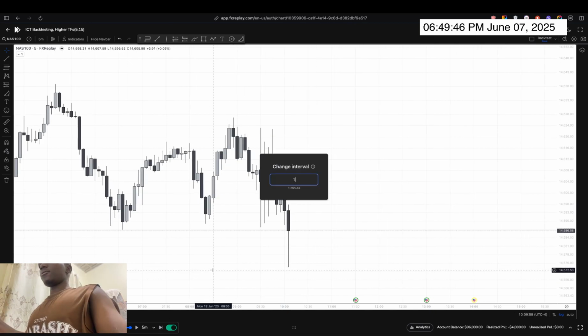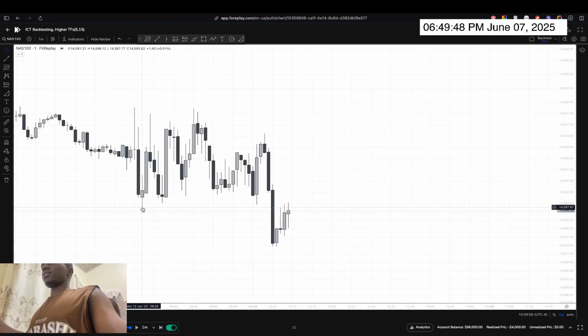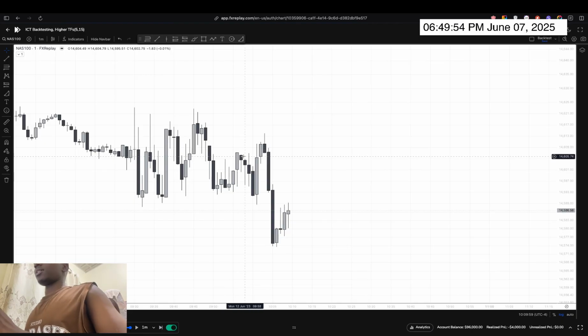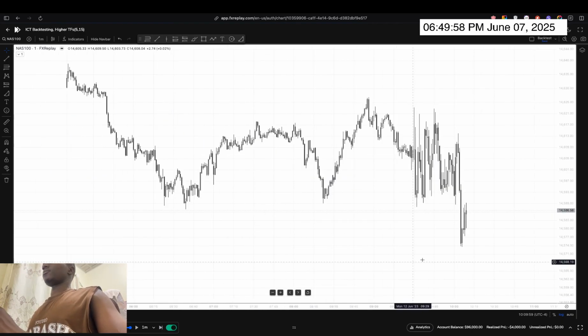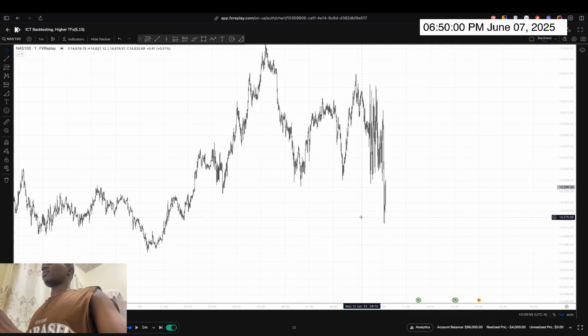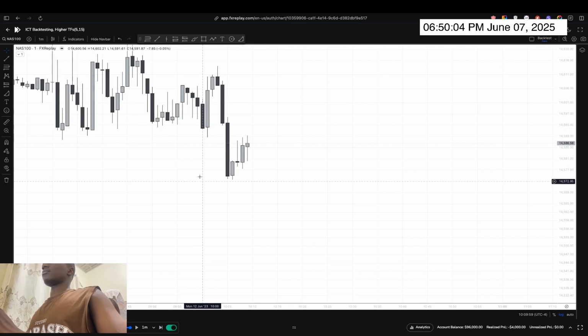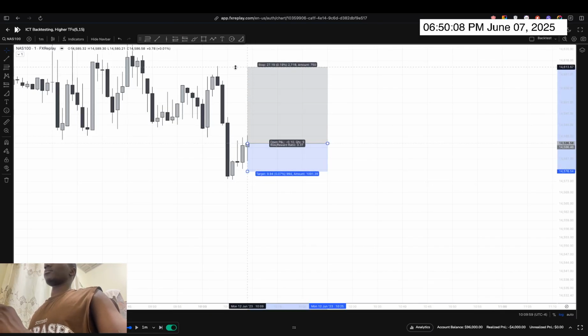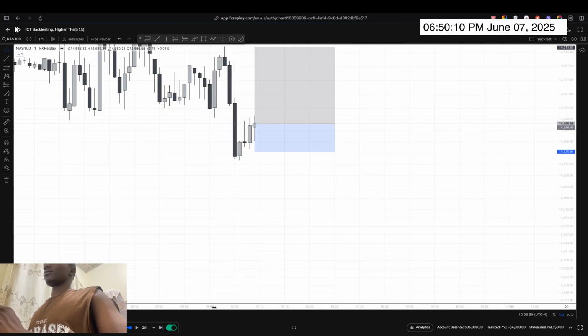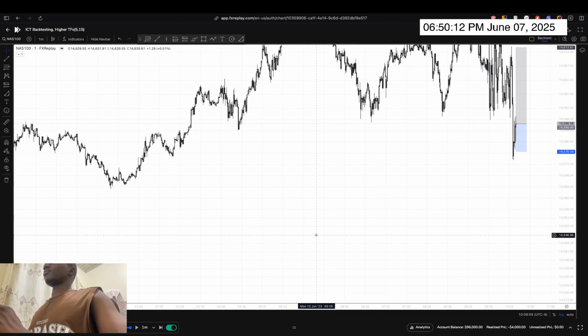Okay, good drop. 1 minute change in structure, and we have a fair value gap retest right there. Took out this small high, and I think this is a good sign to drop maybe up to these lows. Let's see if you can take risk here. Stop loss right there. Take profit next. This will be the next sell side.